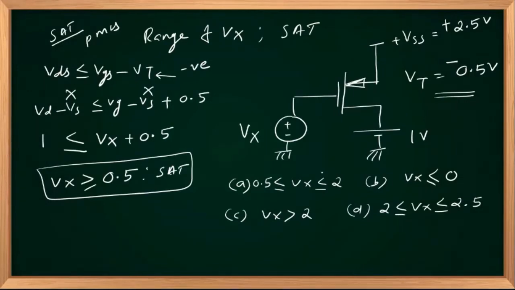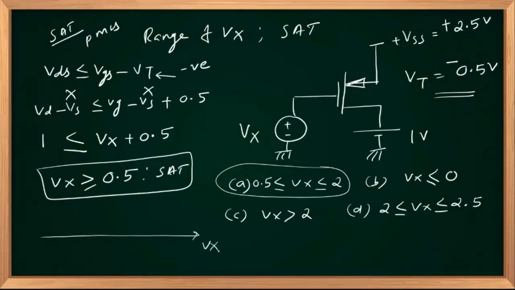But I have option A that satisfies that, Vx greater than 0.5, and options with Vx greater than 2, Vx between 2 and 2.5. So what is the condition? If you are plotting that Vx, if Vx exceeds 2 volts, let us say 2 volts.